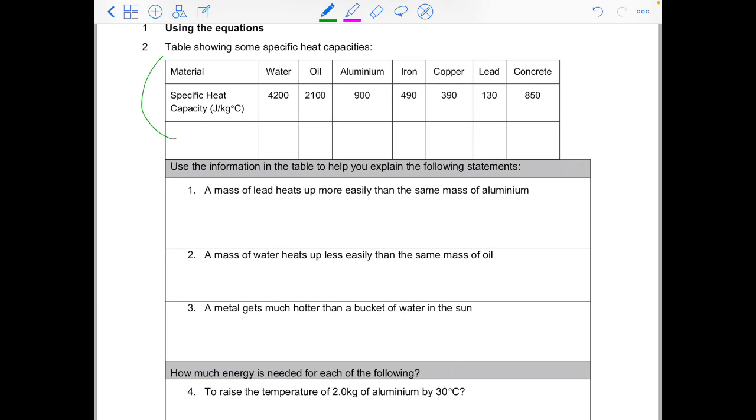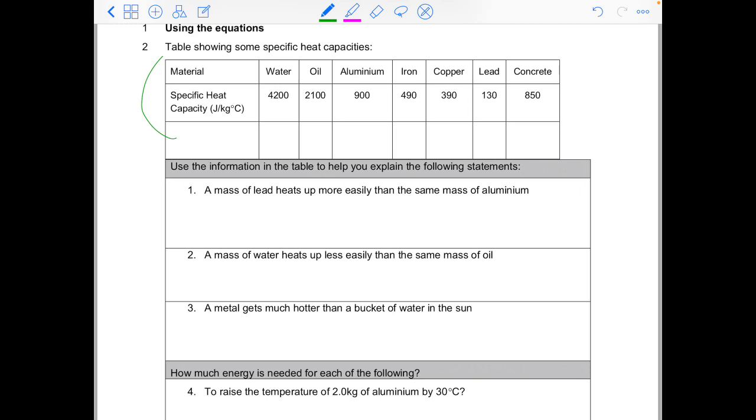So now I'd like you to look at these 3 questions here and use the information in the table to help you explain the statements. We'll do the first one together, and then I want you to pause the video and try the second 2 on your own. So: a mass of lead heats up more easily than the same mass of aluminum.